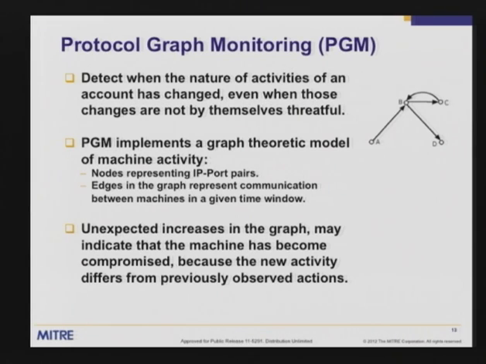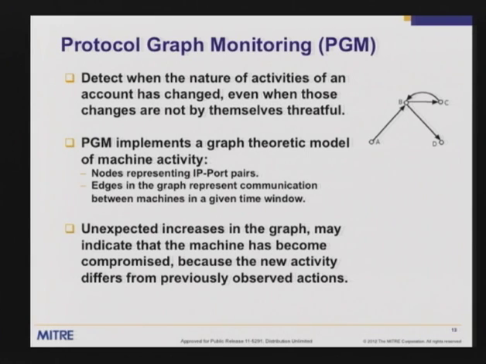The basic idea is, instead of looking across a cohort in a given time slice, can we take an individual's behavior, look at the history of that behavior over time slices, and build up a model, so that when that behavior itself changes, we say that user has fundamentally changed in what they were doing? That was the key insight of protocol graph monitoring.